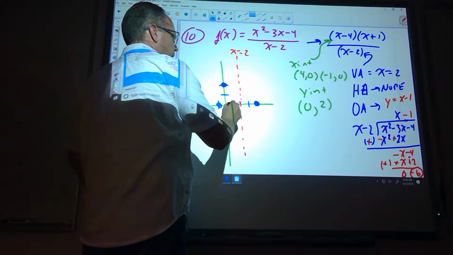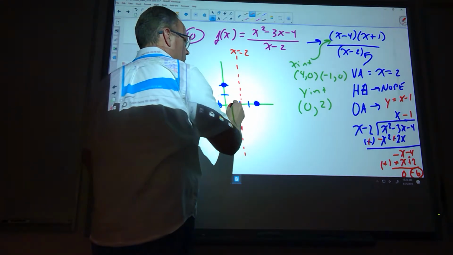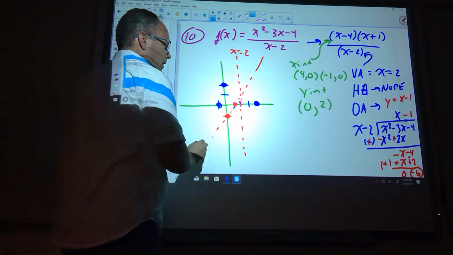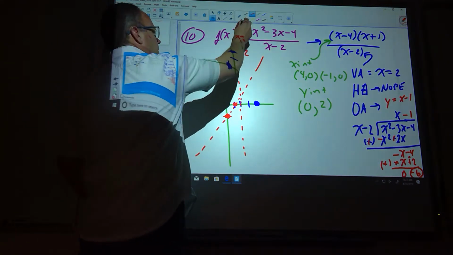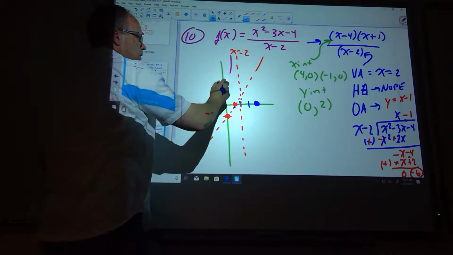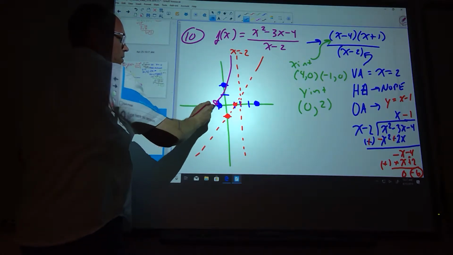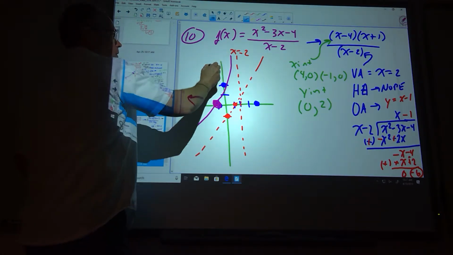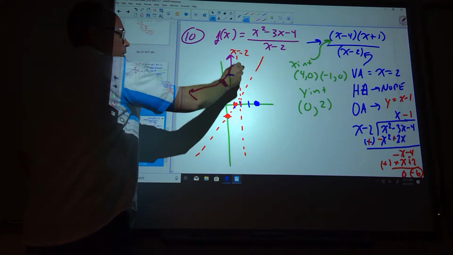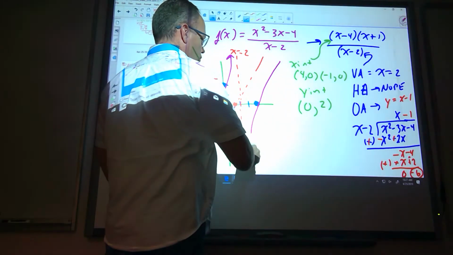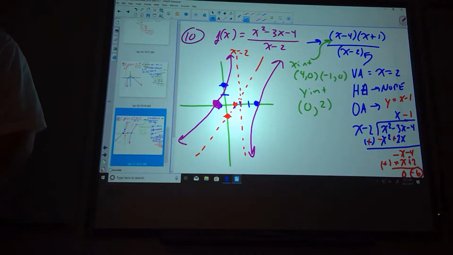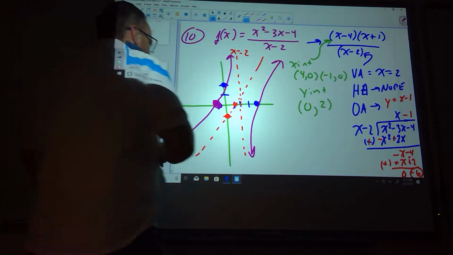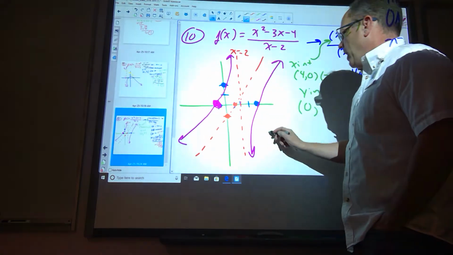I'm going to go up 1, right 1. There's that. You can kind of see where your graph is going to go, right? So it's going to do this. Looks like that. Cool.